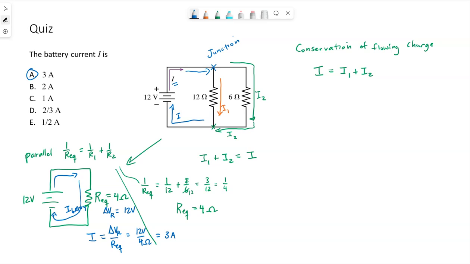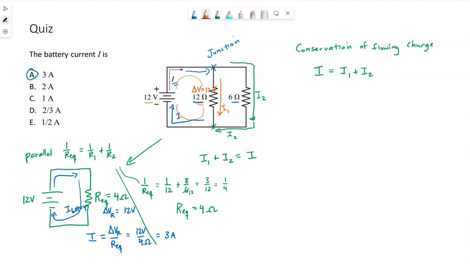The other way to think through this, which is just as good essentially, we know that these two resistors, the 12 ohm and the 6 ohm, are in parallel with each other. If we follow a path around the circuit, I know whatever the battery puts in has to come out or be a drop across the elements in the circuit.